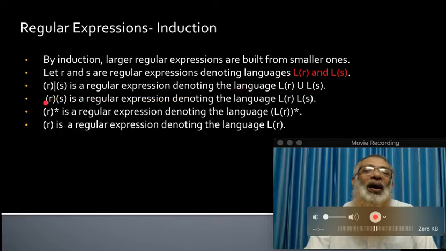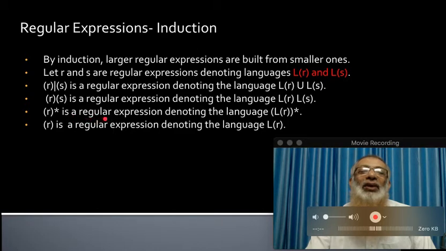Now here R S, regular expression R is followed by regular expression S. It forms a different RE now. It denotes a language of LR followed by LS. R star, a quantifier is applied to the entire regular expression. It becomes a new regular expression now.